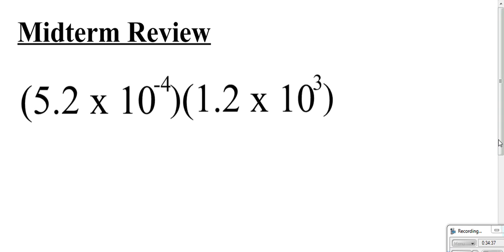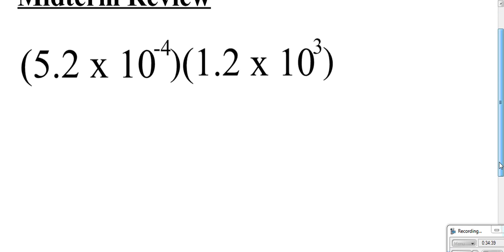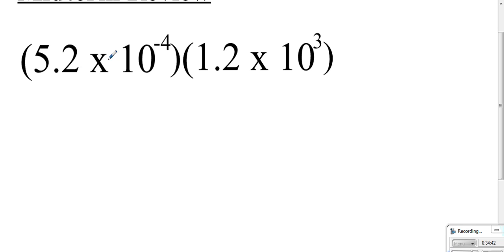Okay. So we have multiplication now in scientific notation. Multiplication's easier than addition and subtraction. You don't have to worry about the exponents being the same, like in addition and subtraction. All you have to do is multiply the numbers. So you have 5.2 times 1.2, and you get a nice number between 1 and 10, so you're not going to have to change it.